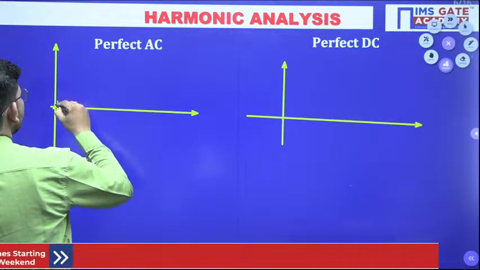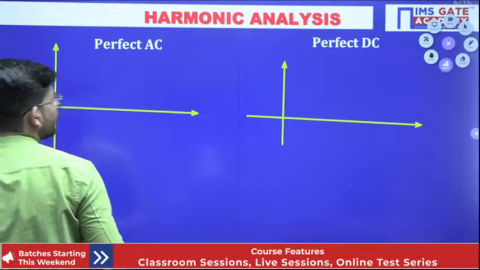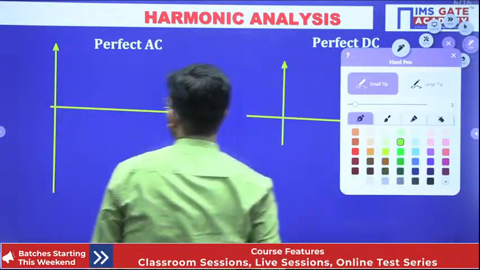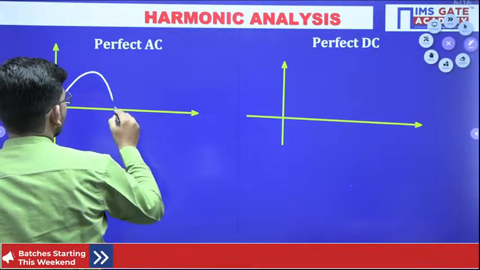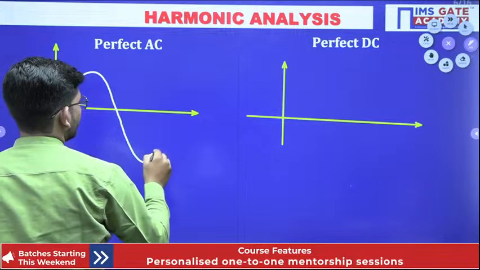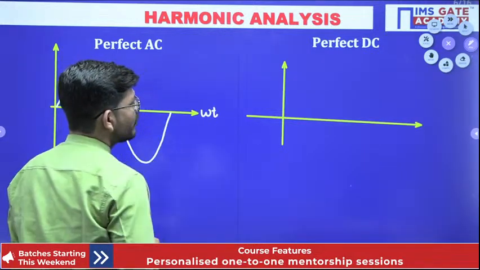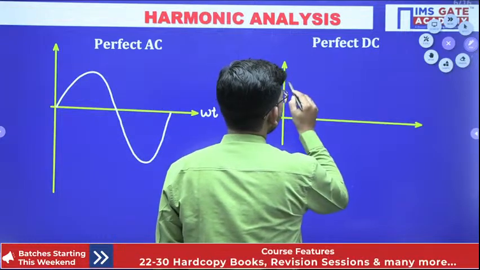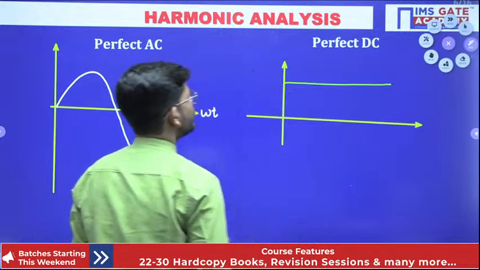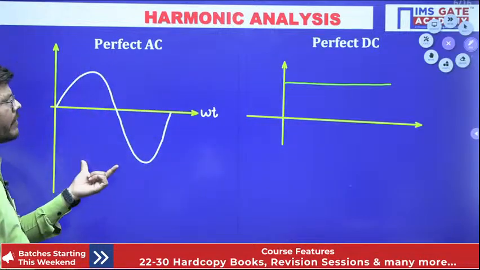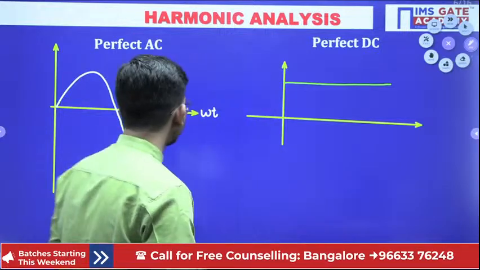If this is a perfect AC waveform, then it might be having this particular shape, isn't it? It is free from any harmonic component. And if it is a perfect DC, this might be having this shape, a constant voltage, isn't it? So this is a perfect AC and this is a perfect DC having no harmonic content whatsoever.